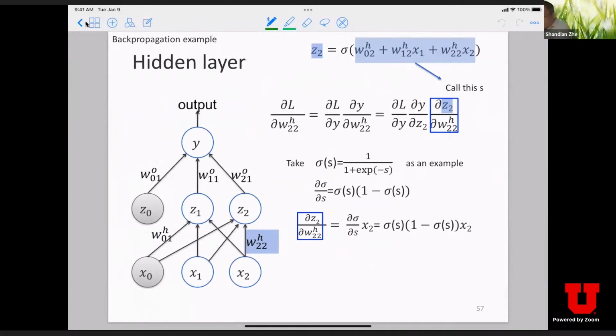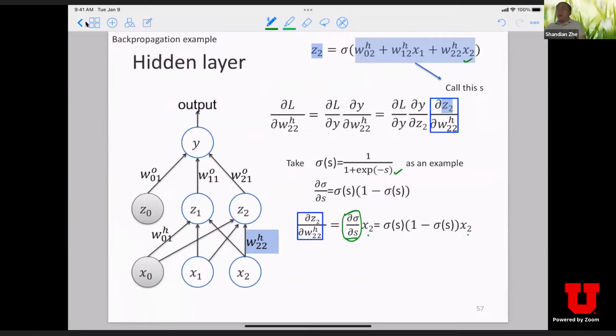So then we can get our result by putting all of those together. Partial Z2 over partial W2 to H, according to the chain rule, is partial sigmoid over partial S times partial S over partial W2 to H, which is X2. And partial sigma over partial S, when we choose the sigmoid activation function as an example, will be sigma times 1 minus sigma, multiplied by X2. This gives us the final result.